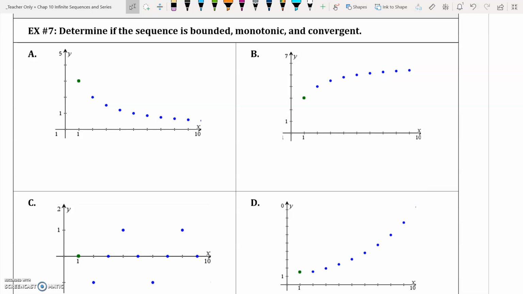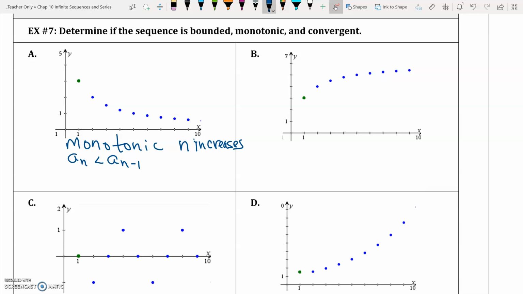All right, looking at example 7, we're supposed to determine if it's bounded, monotonic, and convergent. So here's our sequence, and what we're going to notice is it is definitely decreasing. And with that in mind, we'll notice that it is indeed monotonic, because as n is increasing, a_n is going to be less than a_(n-1).